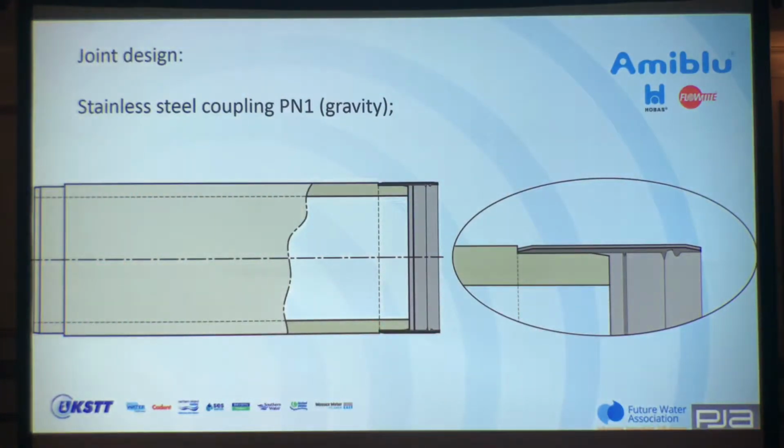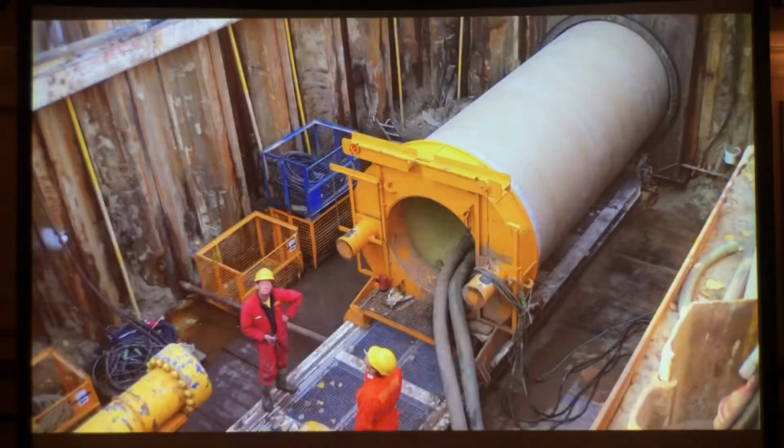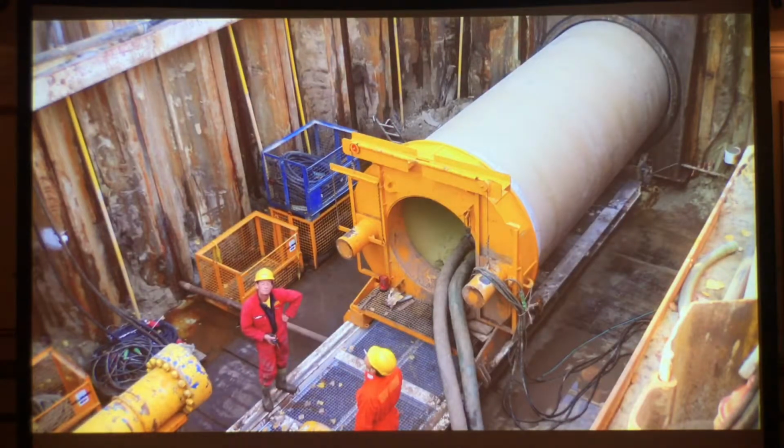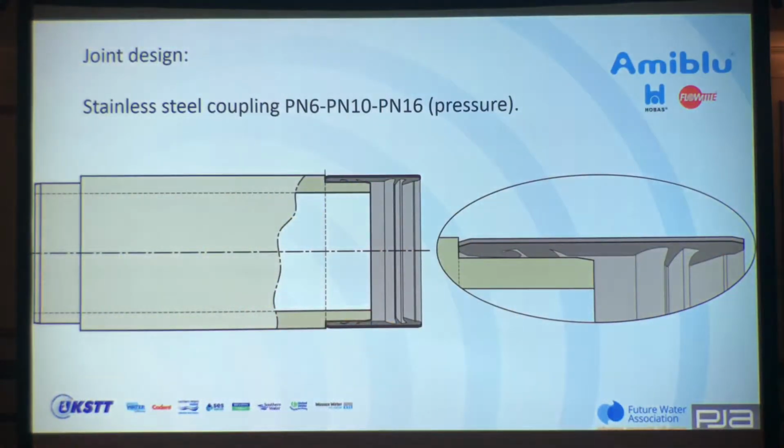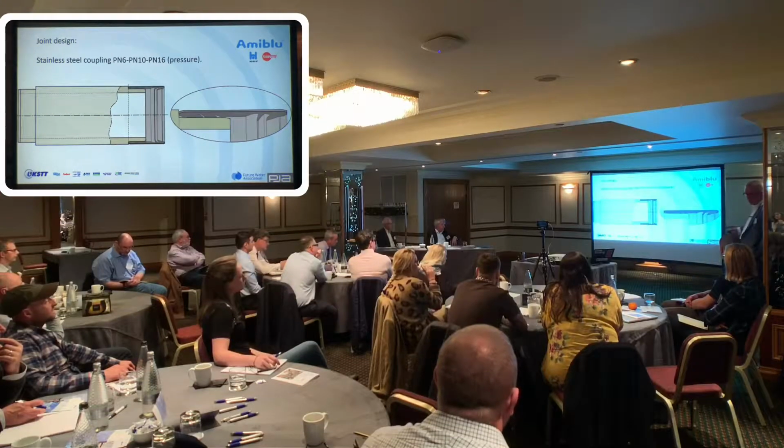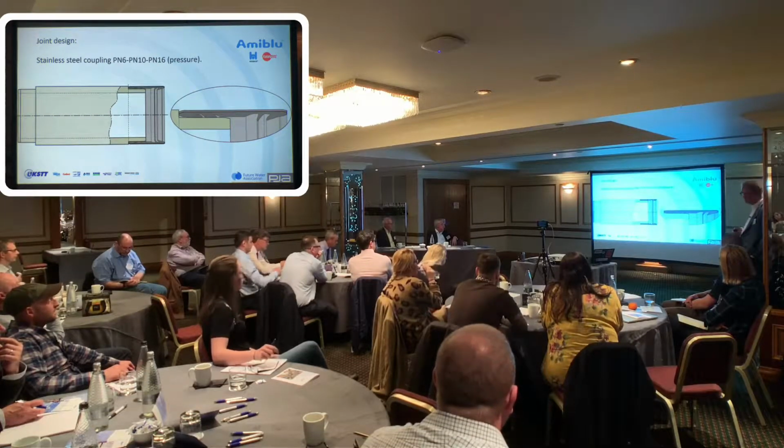The stainless steel coupler has a fully embedded rubber seal in it. For the pressure pipes, it's different. We have two lips for the pressure applications.